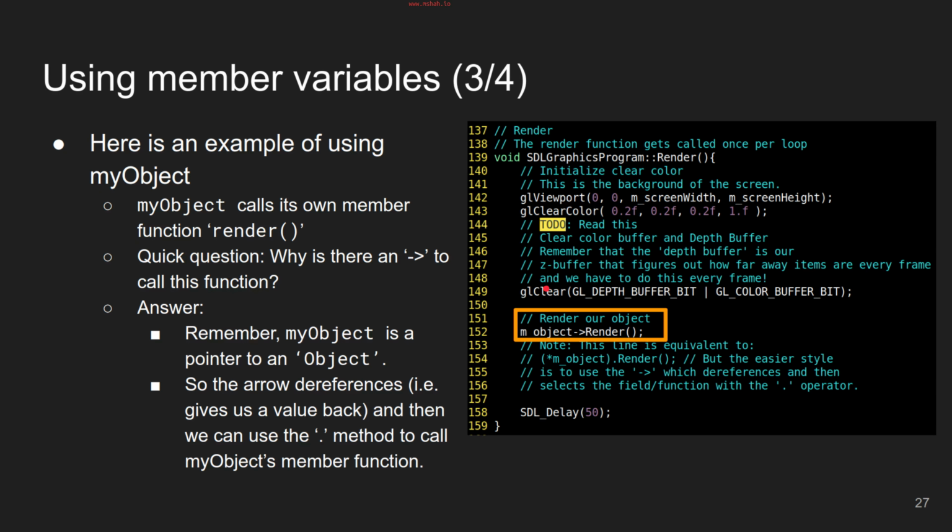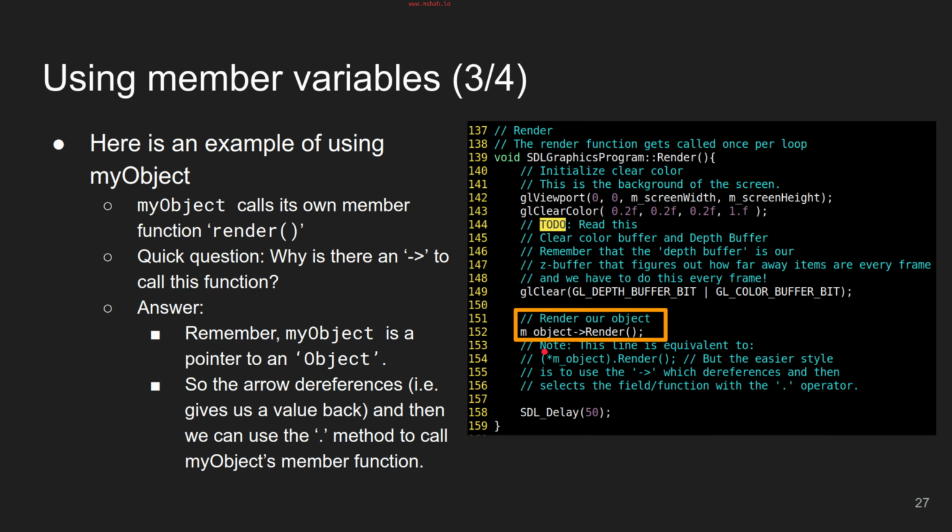And the arrow, remember, is because m_object is a pointer, so we have to dereference it and then access the member function here, okay? And the arrow is a shorthand for us to be able to do that in one nice line.